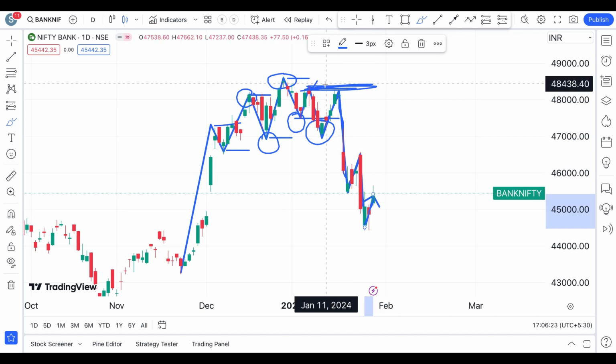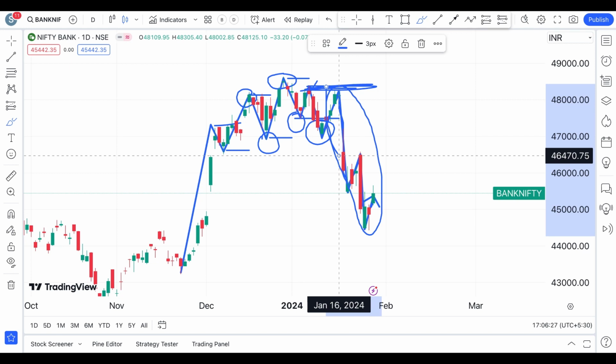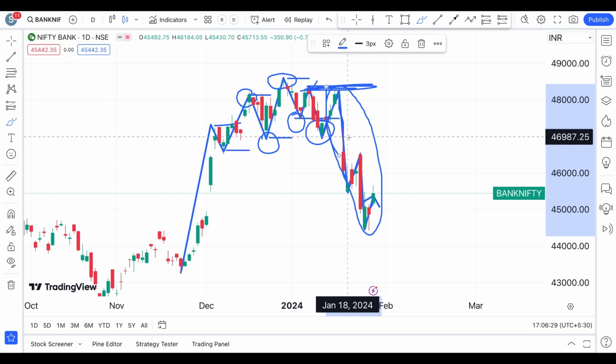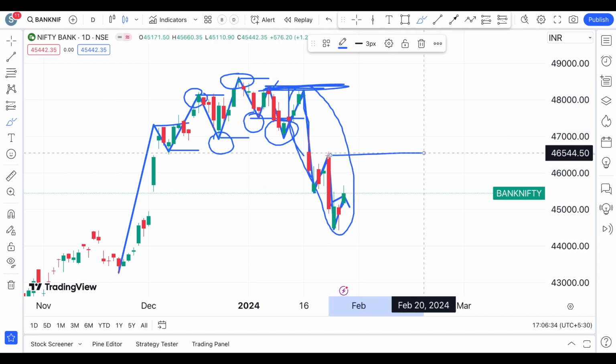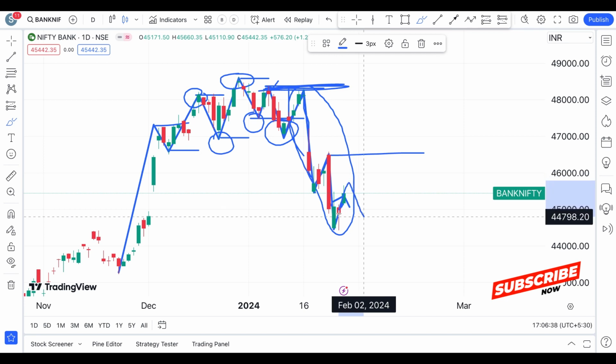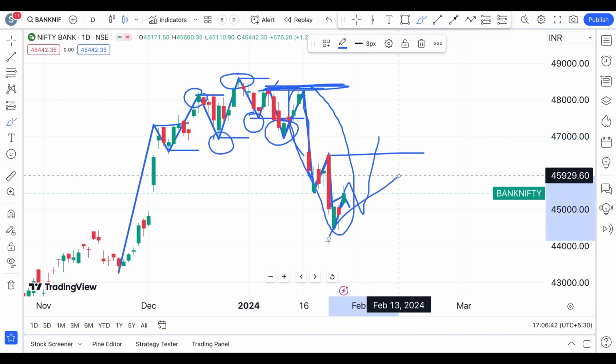So we are majorly in a downtrend from the last couple of days or week, but this is a small pullback. Until any of these swing highs breaks, or any of these higher lows forms and then breaks that high, until then we cannot say that Bank Nifty has changed its direction.